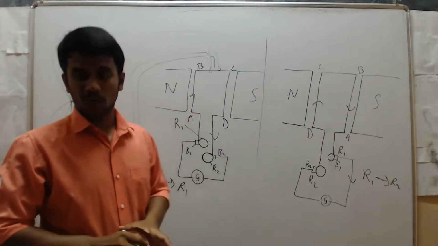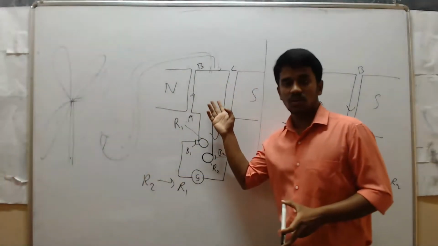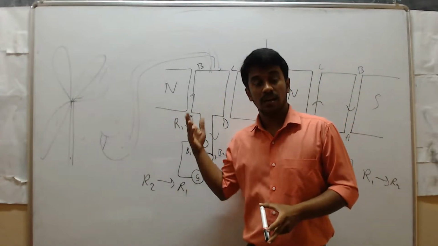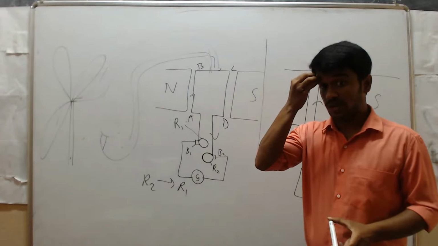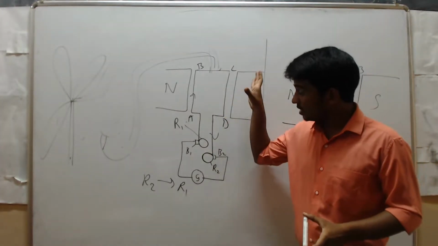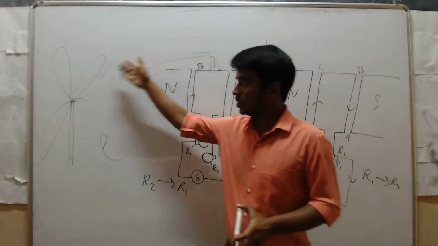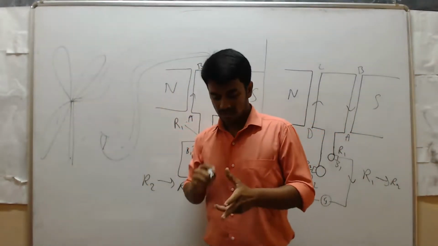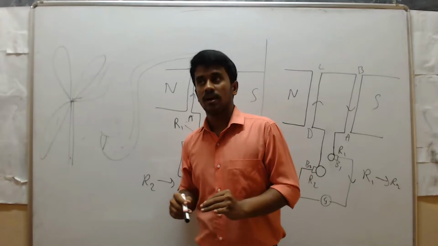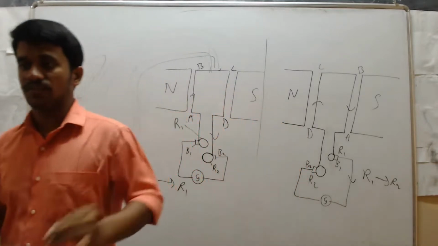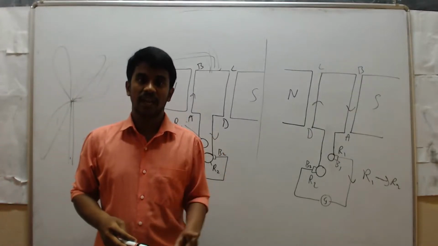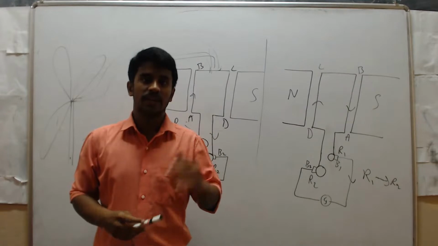Using our own muscular energy, we can rotate the coil, but we can't generate that high electric current. That is impossible for humans. To rotate this coil we have to use energy sources: thermal power plant, hydro, wind energy, solar energy, then geothermal energy, wave energy, tidal energy, nuclear energy.